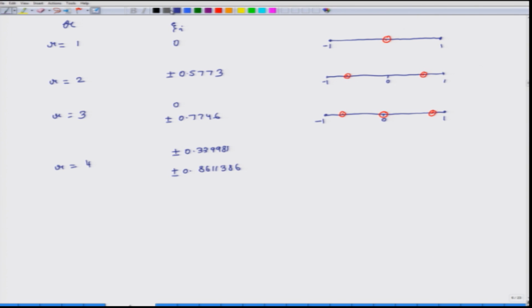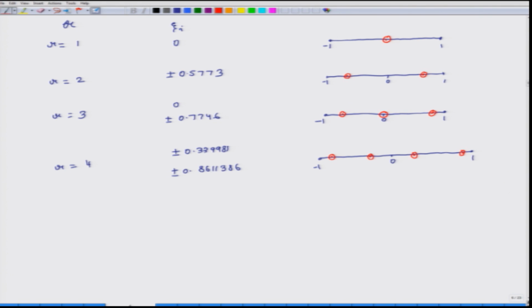If r equals 4, so this is minus 1, 1, 0, two quadrature points are like this, plus minus 0.33, and then the other two quadrature points are fairly close to the extreme ends.